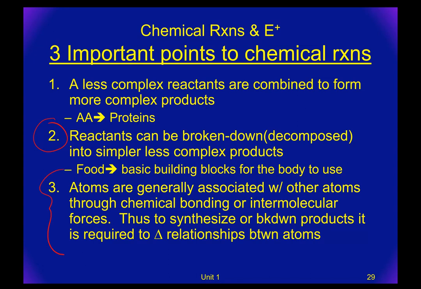Atoms are generally associated with other atoms through chemical bonding or intermolecular forces. So no matter which one I do, one or two, I'm going to have to change the relationships between those atoms. If I take the Death Star made out of Legos and I pull it apart into individual Legos, I'm changing how those Legos are interacting with each other. It isn't more complicated than that when it comes to atoms. If I want to change how a compound is put together, those bonds have to change as well.